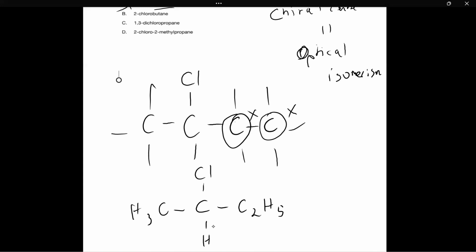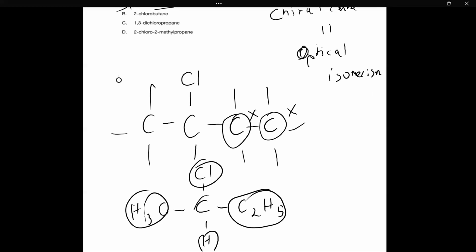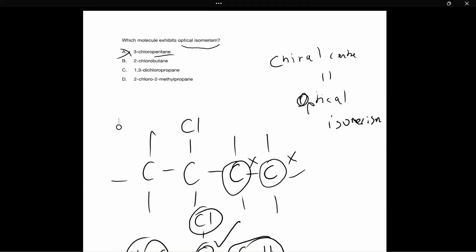Well, would you look at that? This carbon is chiral. It has 1, 2, 3, and 4 different groups attached to it. So this molecule has a chiral center. That means that it will display optical isomerism. So yes, B is our correct answer.